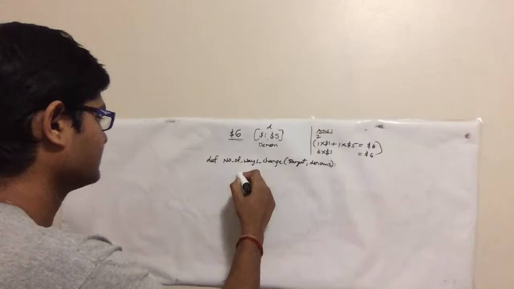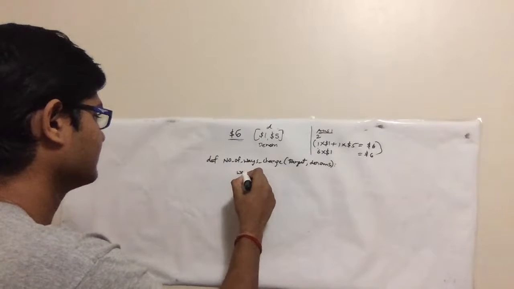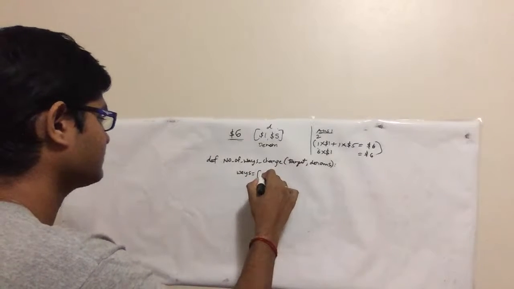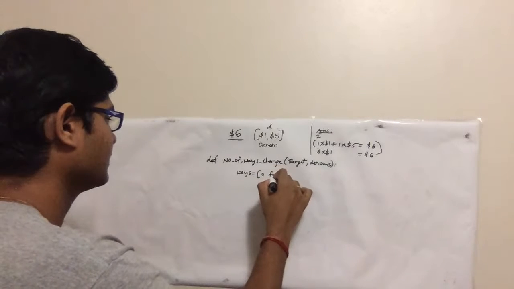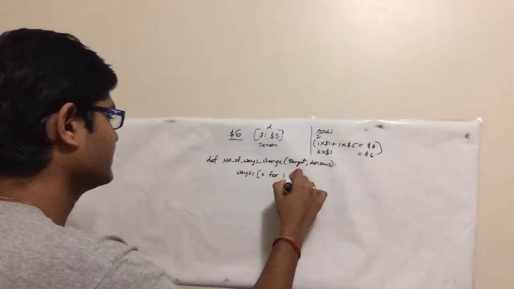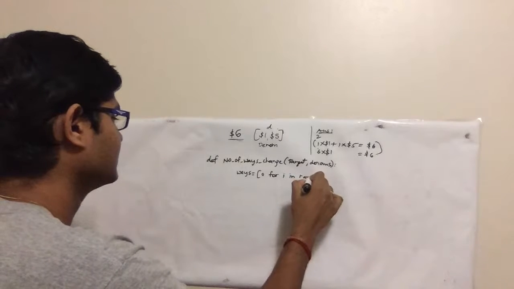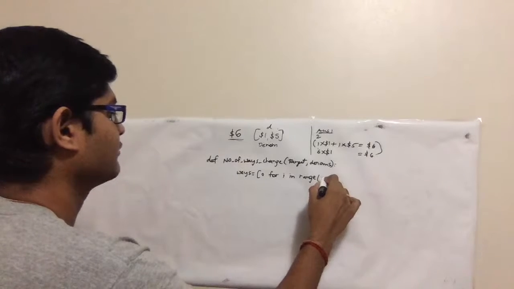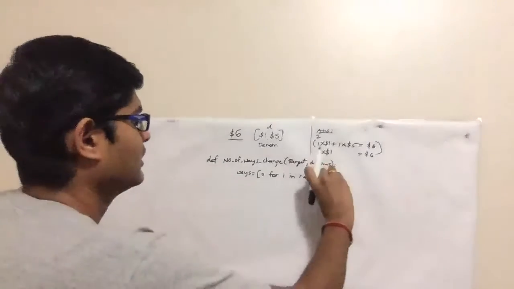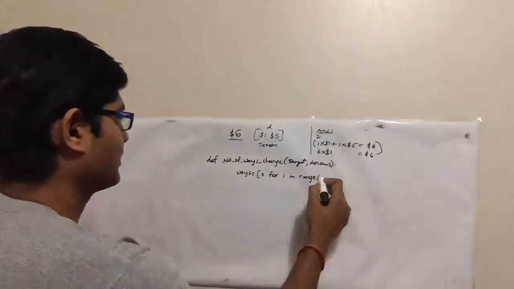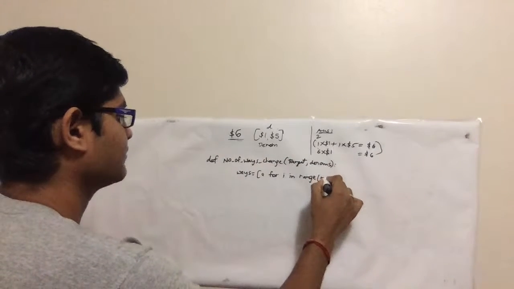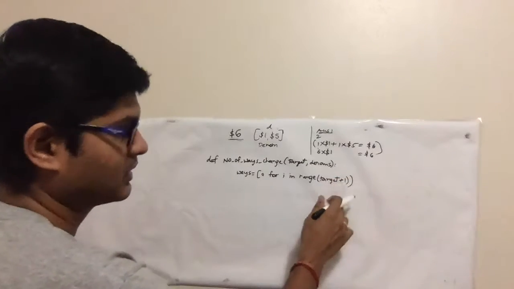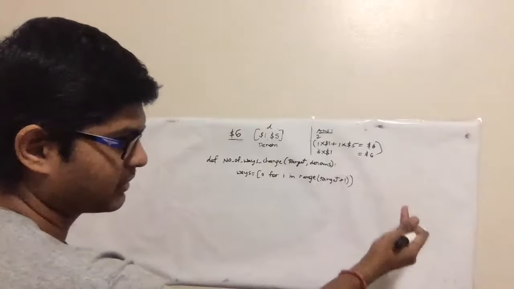Say for example, I am creating this ways array: ways is equal to 0 for i in range of the target amount plus 1, because range will create up to target minus one.